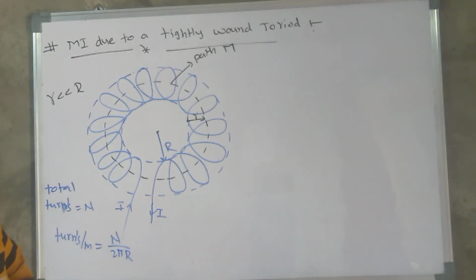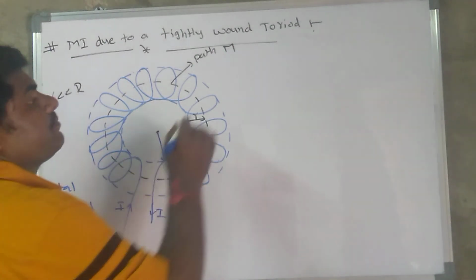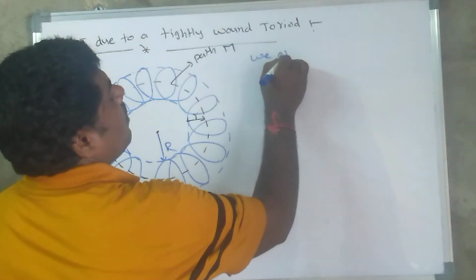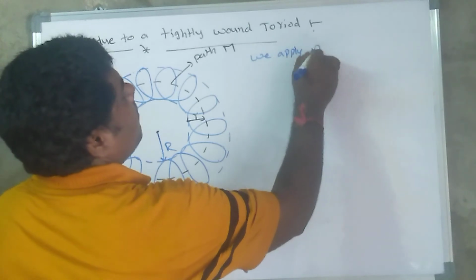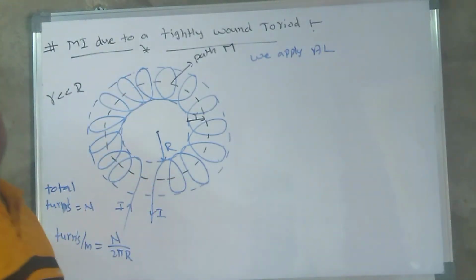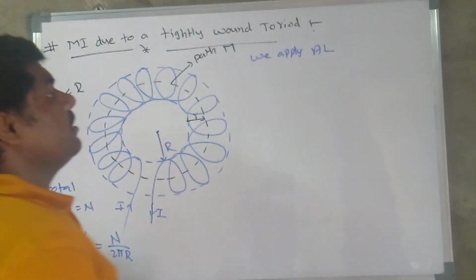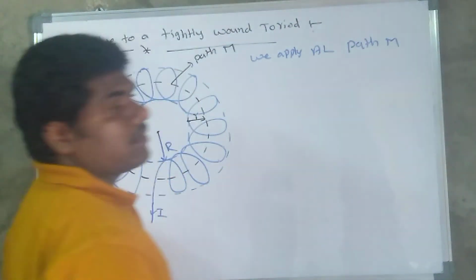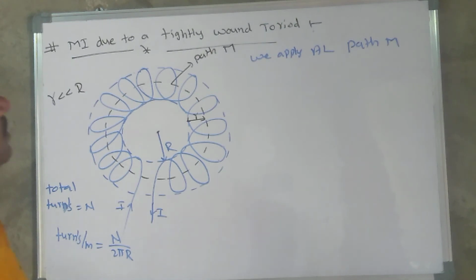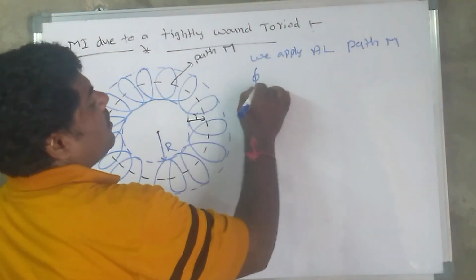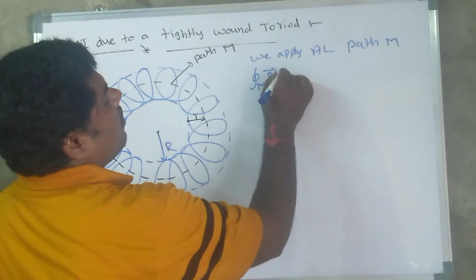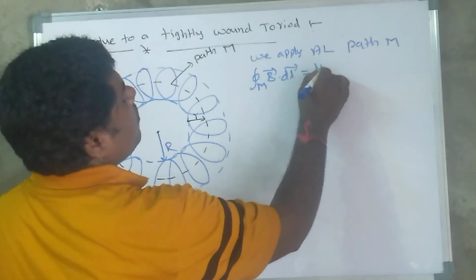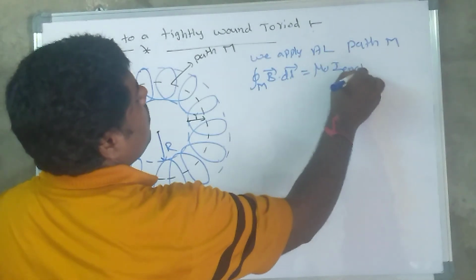So here we apply Ampere's law on this path M. The closed integral of B dot dl should be equal to mu naught into I enclosed.